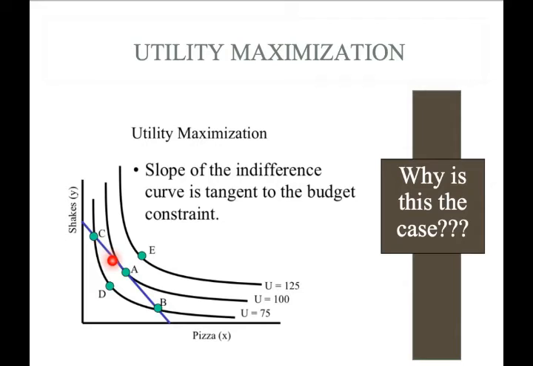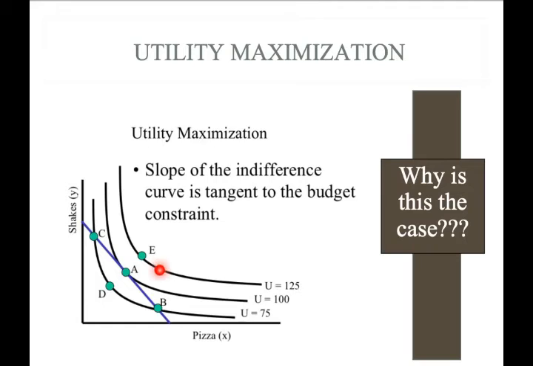Any move in from C also does, or any move in or outwards from point D closer to point A makes us better off. We'd be at a higher utility curve. And we can keep doing that until there's just one point where the indifference curve touches the budget constraint, such as where point A in this example touches the budget constraint, and there we're said to have maximized utility.